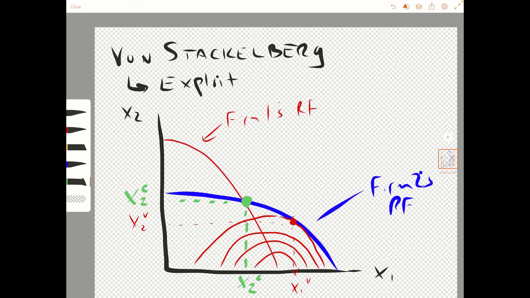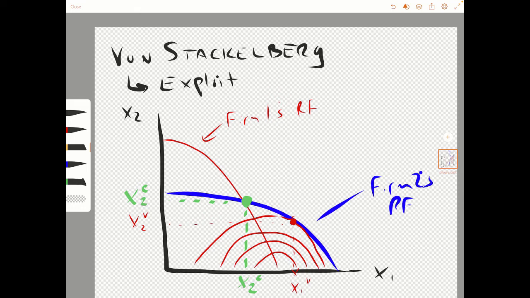Now the problem here is that this is a pretty unstable equilibrium, because if firm 2 finds out what's going on and tries to become the leader by increasing their output, things could get kind of messy. It's entirely conceivable that firm 1 keeps its output at X1V.